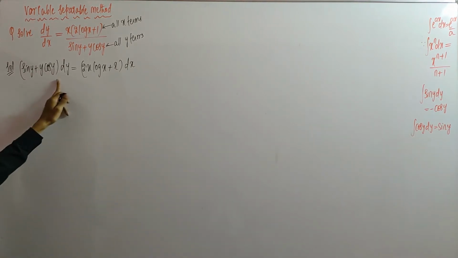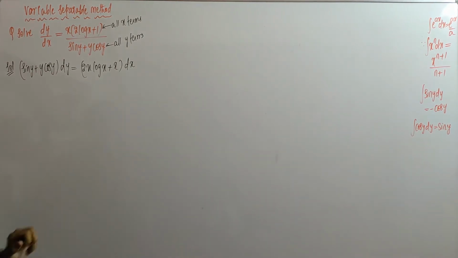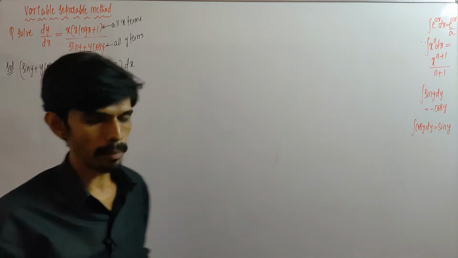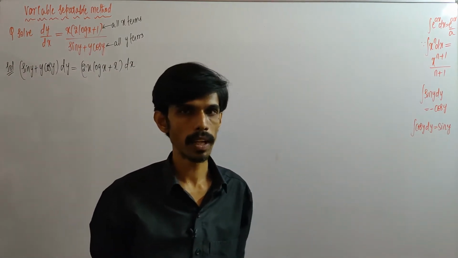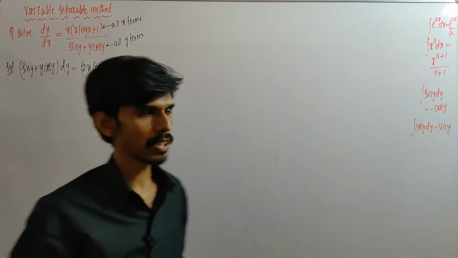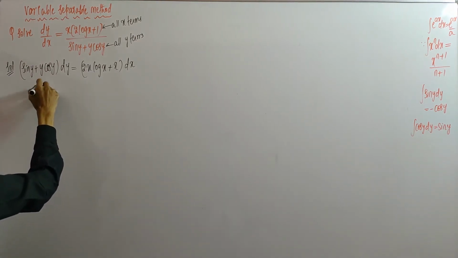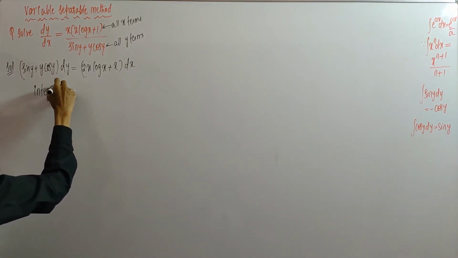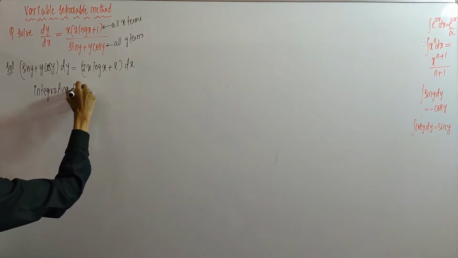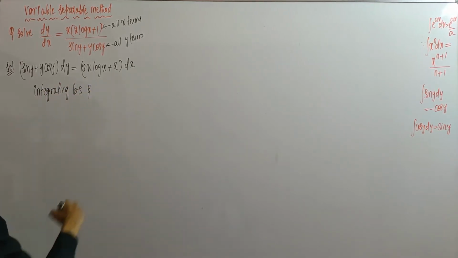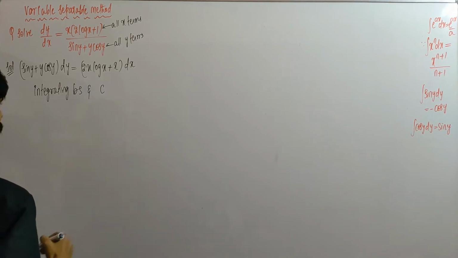Now here we have all y terms and all x terms together. That is, we have separated the variables, x terms on one side and y terms on the other side. Now the next step is integrating both sides and adding constant c.